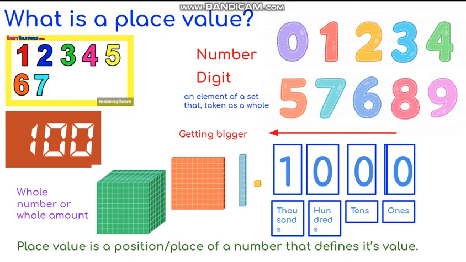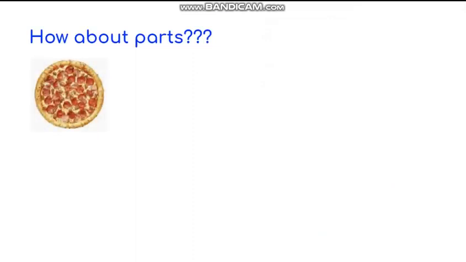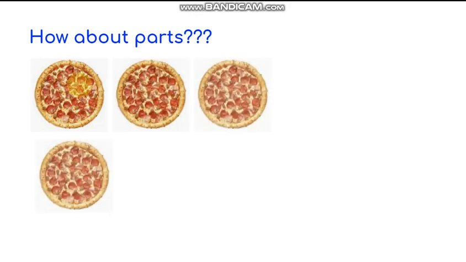Now the question is, how about if we have some pieces or parts of it? Okay, like this one. If it's like this pizza, one whole pizza, we can just count it. 1, 2, 3, 4.